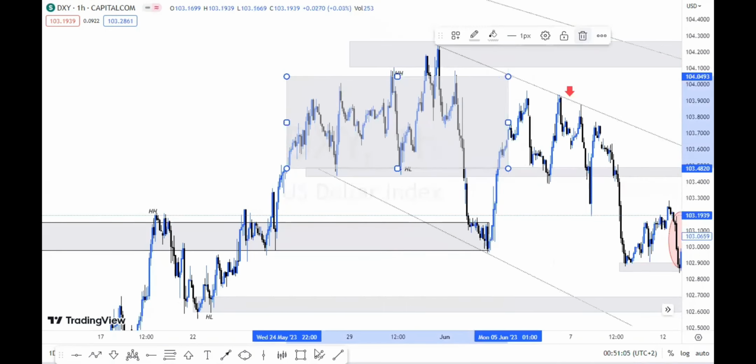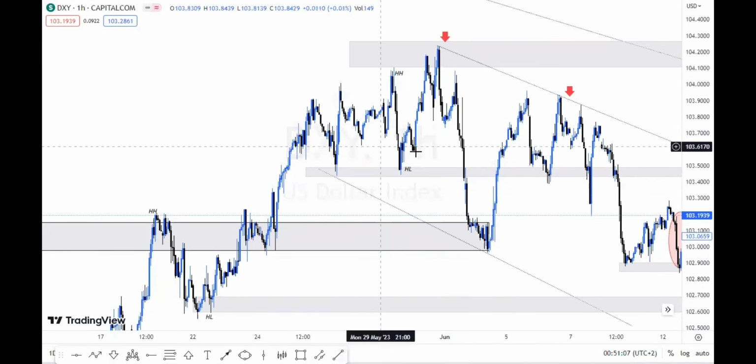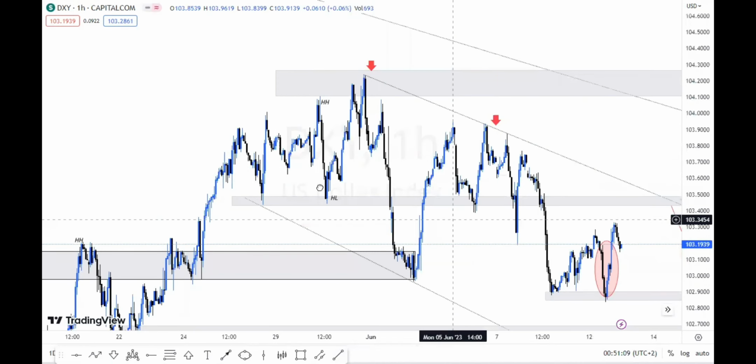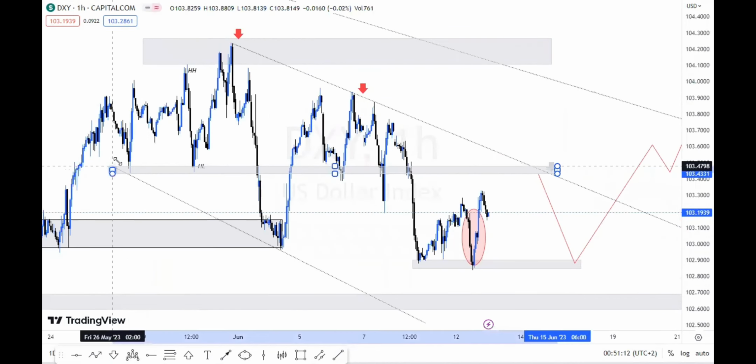Let me delete this. Higher high was broken, and the high low area was also broken to the downside.